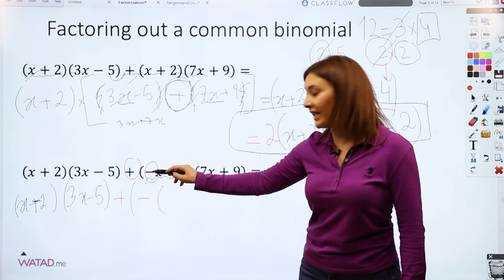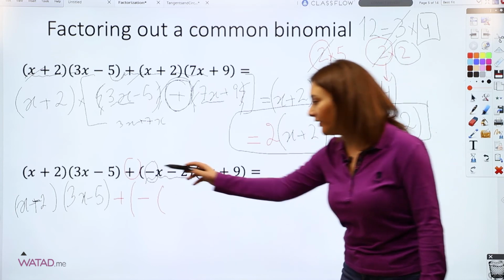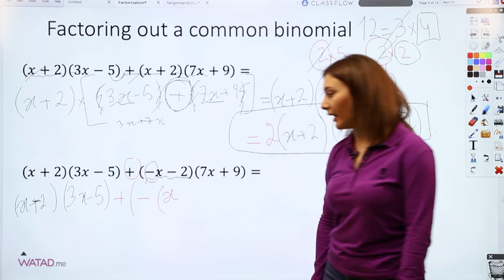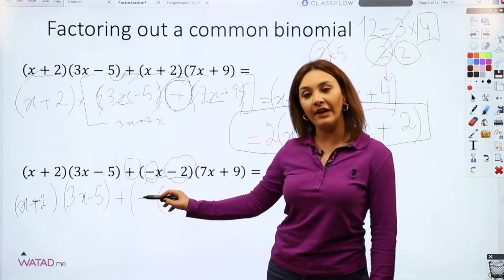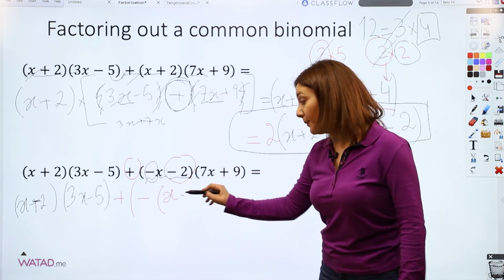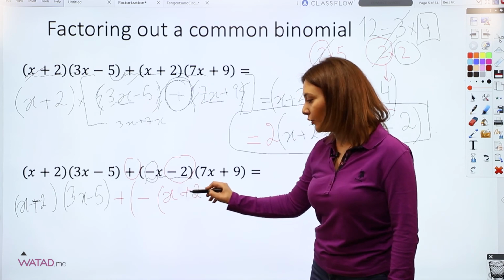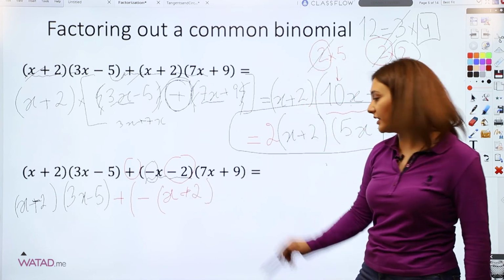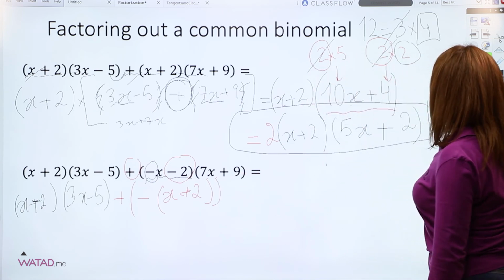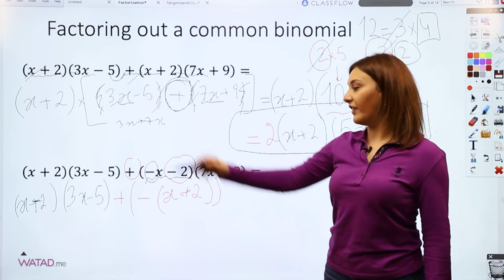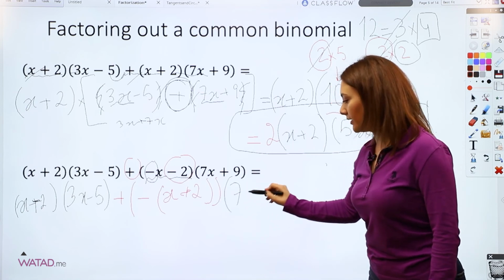When I remove the negative sign of x, what am I left with? I am left with x. When I remove, what is the opposite of negative 2? If I have the negative sign outside, this is plus 2, positive 2. Okay, so this is how I change it into the same factor, and 7x plus 9.